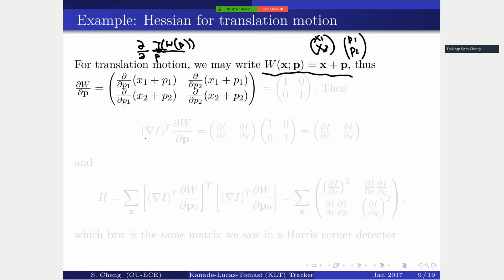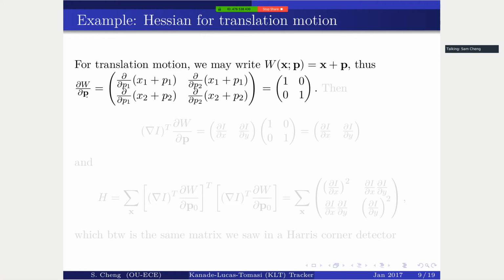So I have the gradient of I here, transposed, actually hidden here. Then take the partial derivative of w with respect to p. Here w is x1 plus p1 and x2 plus p2, so this is a vector.